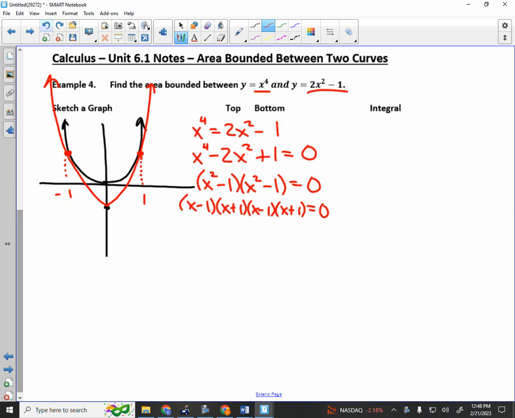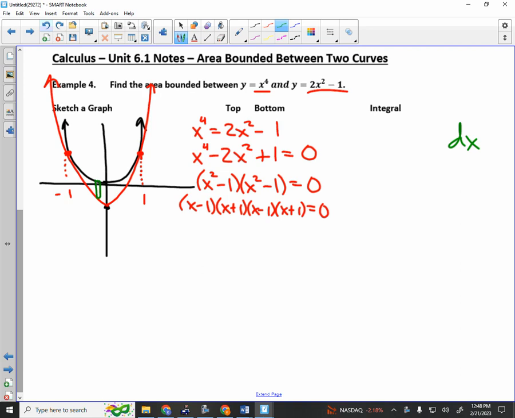Okay, and so the integral, no big deal as we set this up. Remember, as we try to draw these, I'm going to draw a rectangle. That's one rectangle that represents area between the top and the bottom. Does that rectangle have horizontal thickness or vertical thickness? Horizontal, so therefore it is dx. The height is the top function minus the bottom function.